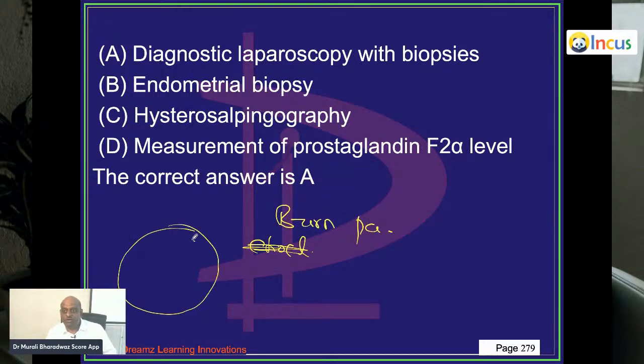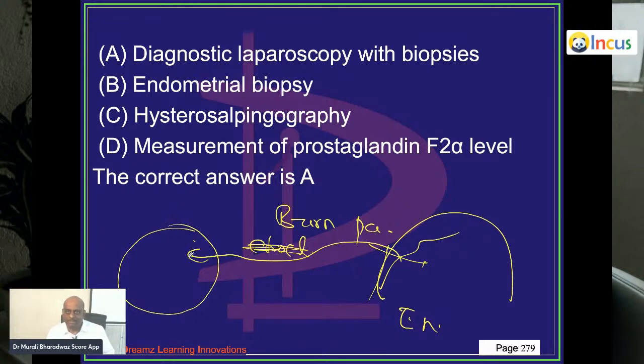And in the ovary, what do you get? Endometriosis means normally endometrium is supposed to be there in the uterus. Instead of staying in the uterus, it went to the ovary. And there it started bleeding. That's called chocolate cyst of ovary. You remember? Chocolate cyst of ovary is what you need to remember.